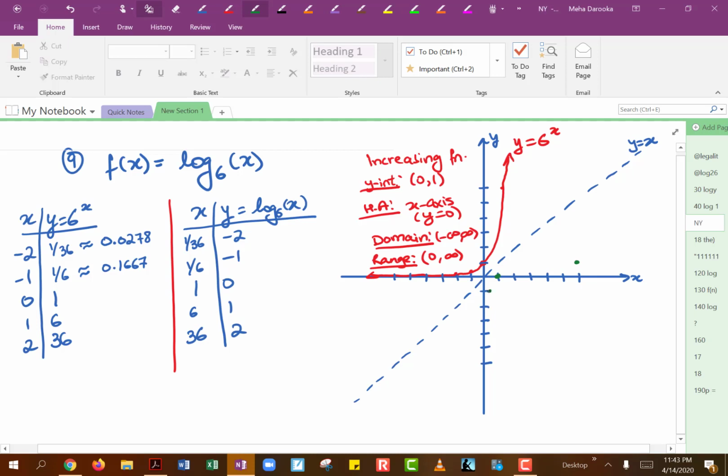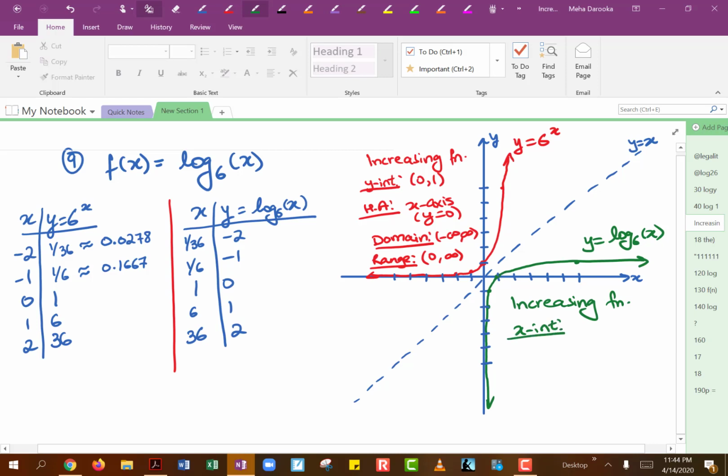So this line will actually start going down this way, and then this part of the graph will go along like this. So this is going to be our log of x with the base 6 function. So again, as we go from left to right, our y values are getting larger, so we still have an increasing function. But now, instead of a y-intercept, we are actually having an x-intercept at this point, 1, 0.